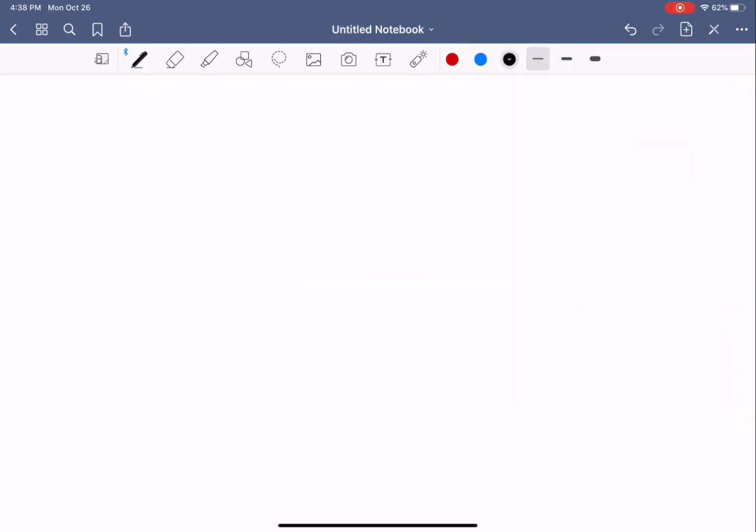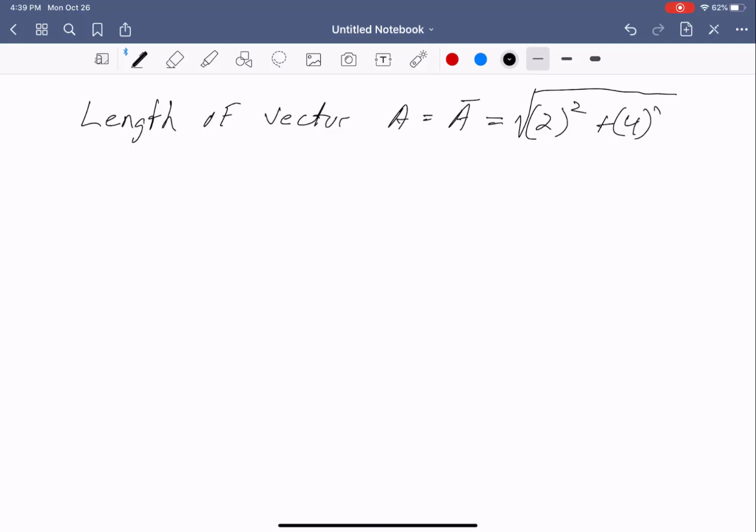Okay, so the length of a vector A we'll denote with A bar, and it's equal to, remember it was the vector 2 and 4, so it's 2 squared plus 4 squared, and the square root of that, which is the square root of 20, which is equal to 4.4721.